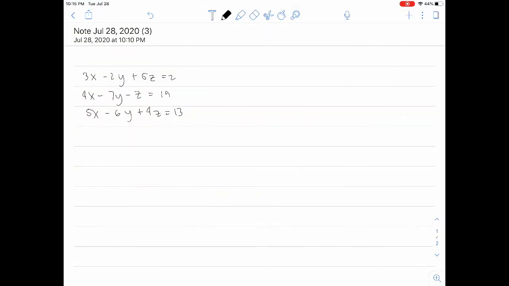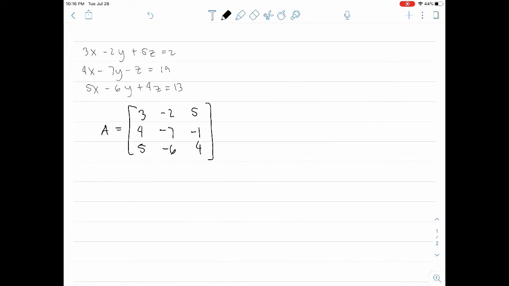Okay? Kopya lang na ako. So, atong kita na kay ang coefficient matrix sa A. So, una, 3, negative 2, 5, 4, negative 7, negative 1, 5, negative 6, and 4. Since nakuha na nato na, ato ang sunod pangitaon kay katong A raised to negative 1 or the inverse of A. And ang formula ana is the augmented matrix of A and I. I meaning identity matrix.